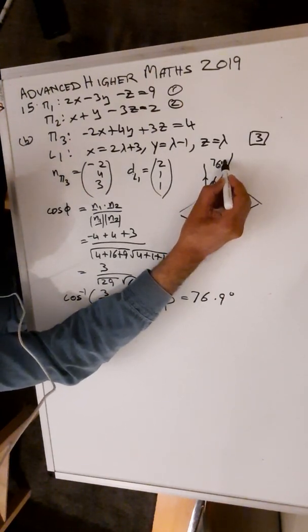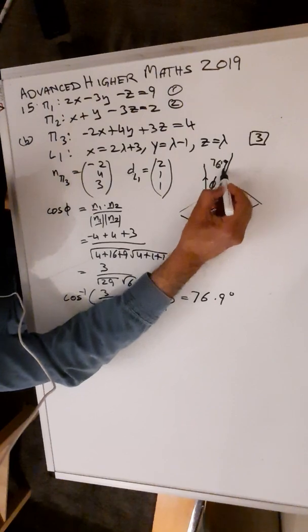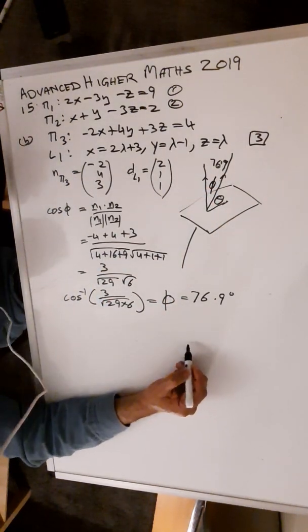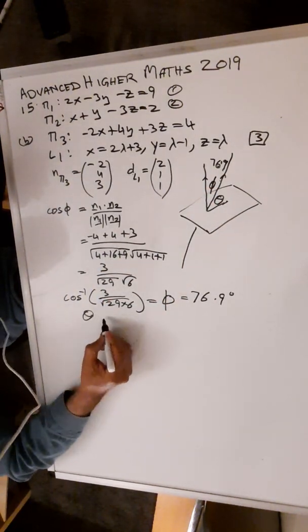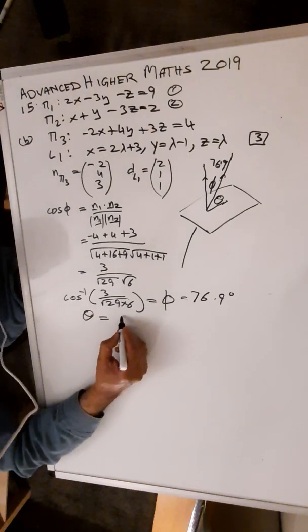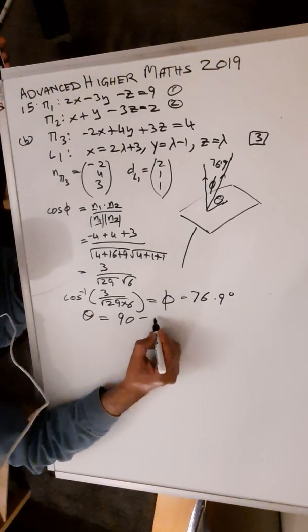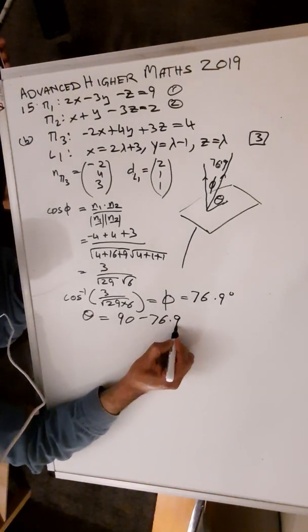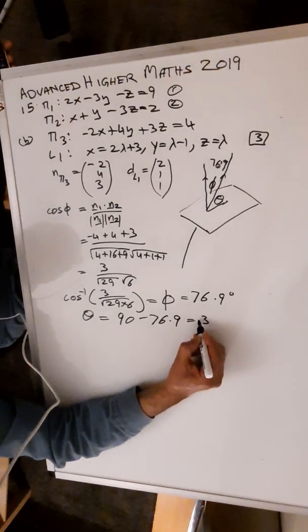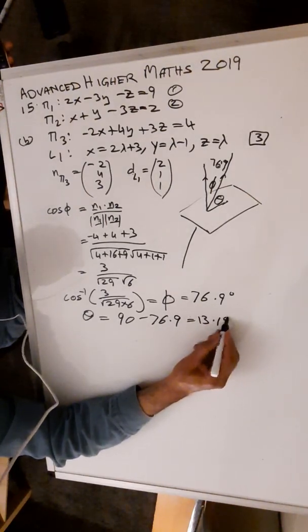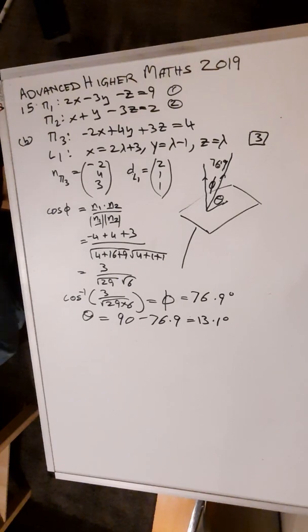The angle you require is theta, the angle between the line and the plane. That's going to be 90 minus 76.9, which gives you 13.1 degrees. So that's the required angle.